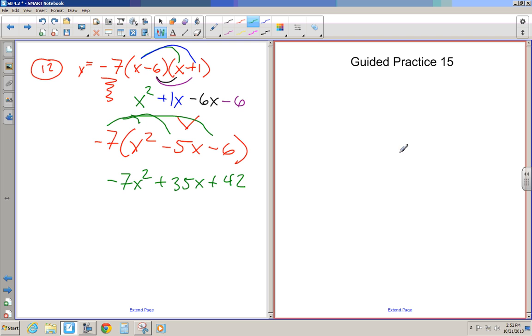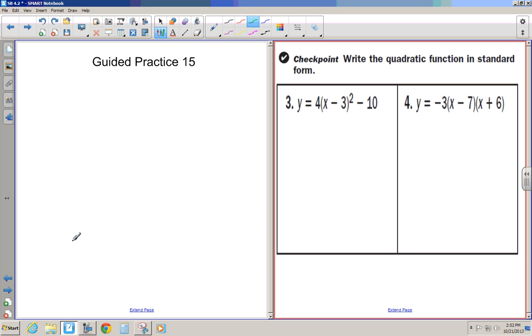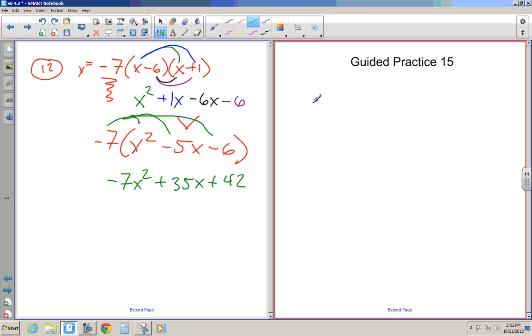Guided practice 15. This should be the last one of the guided practices. It's a vertex form. So number 15, we rewrite as (x plus 2) times (x plus 2).